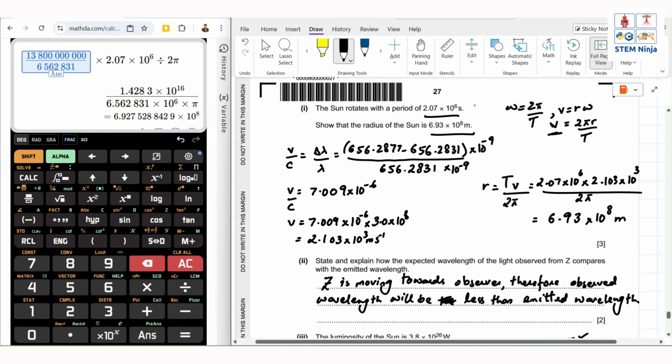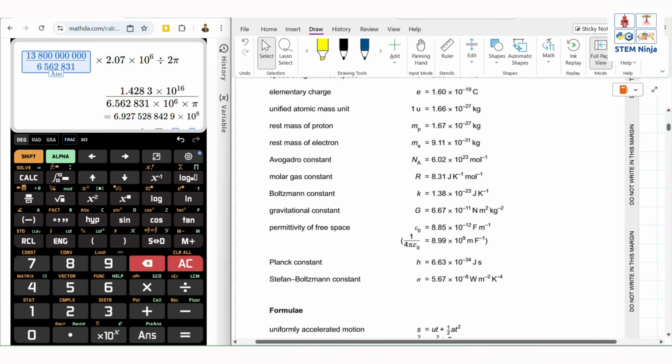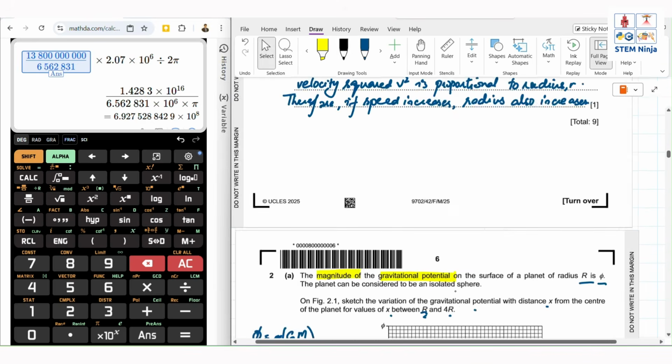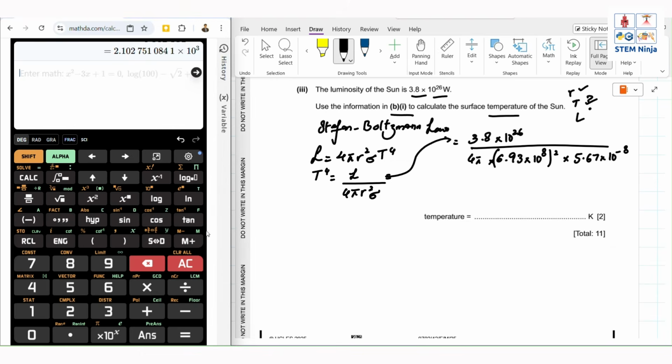Yes, sorry, we actually found 6.93 × 10 raised to power 8, squared, times the Stefan-Boltzmann constant. The Stefan-Boltzmann constant is 5.67 × 10 raised to power minus 8. This will be T raised to power 4, so we will have to figure that out.